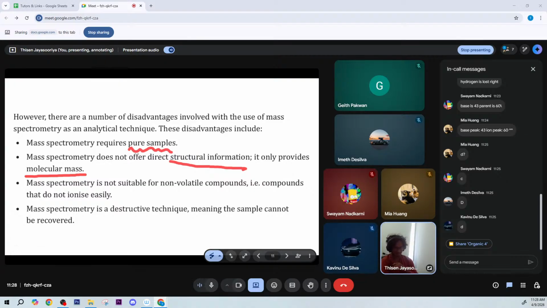It doesn't tell you about the structure. Even though we can think of potential structures, it won't give you a direct structure. It's not suitable for non-volatile compounds, so basically anything that can't ionize easily. We need to be able to shoot the electrons off it. If it has a really strong attraction to its electrons, it's going to be very hard. And it's a very destructive technique.